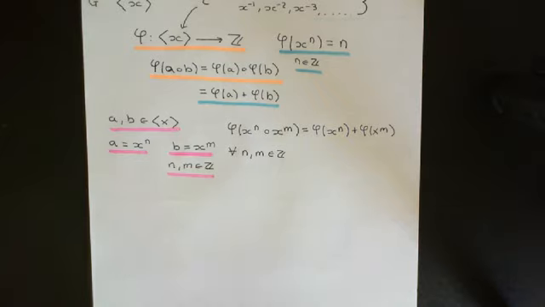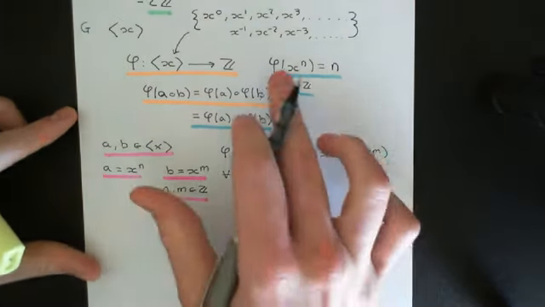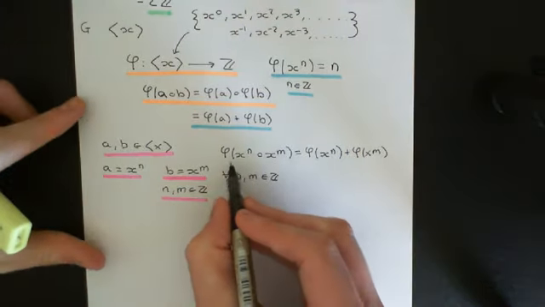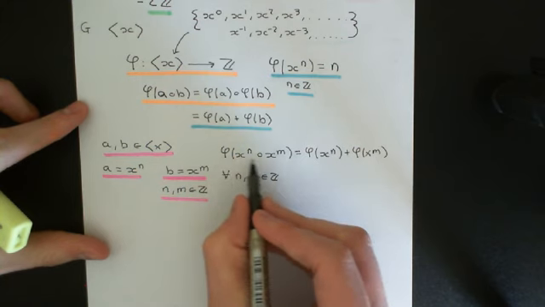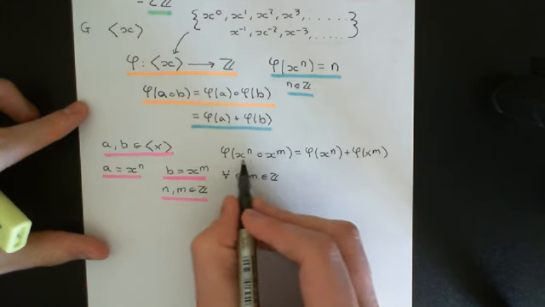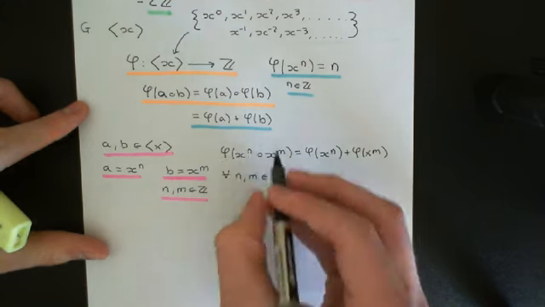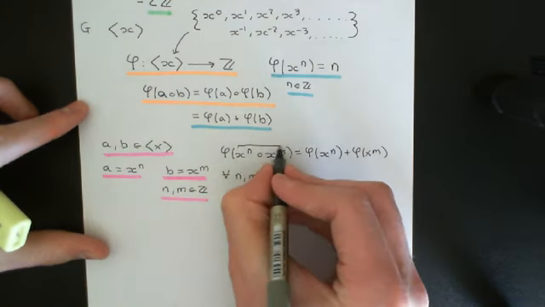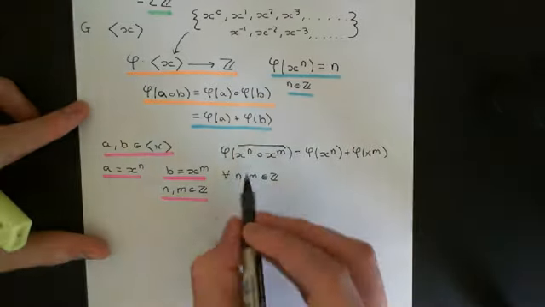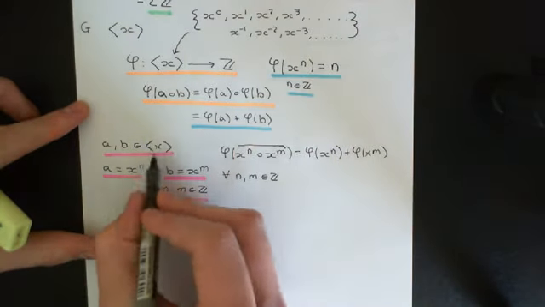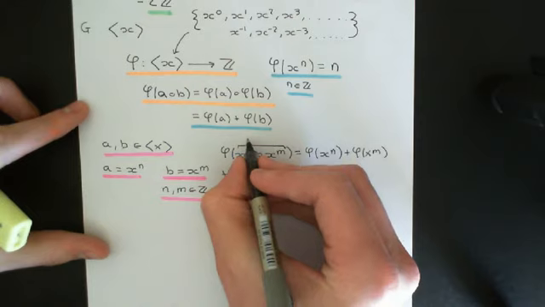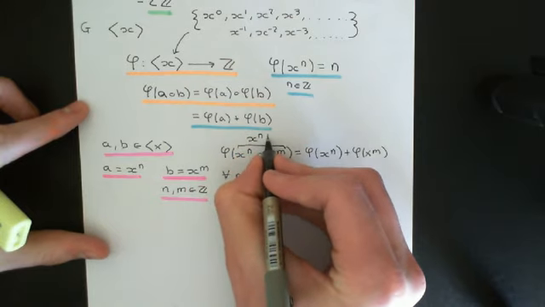Okay, well, let's just apply what the actual mapping is. So on this side then, we need to firstly compose these two together, and then we need to act the map on the answer to these two composed together. So what are these two composed together in this group here? Well, of course, it is just x to the power of n plus m.